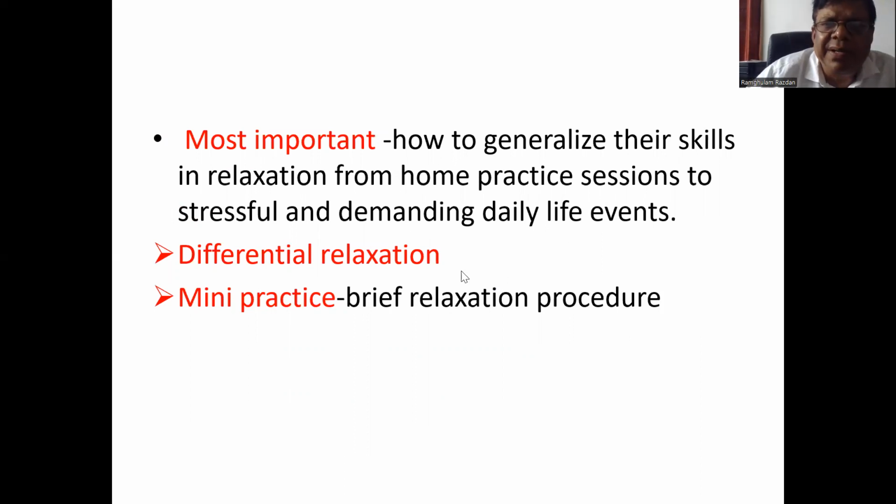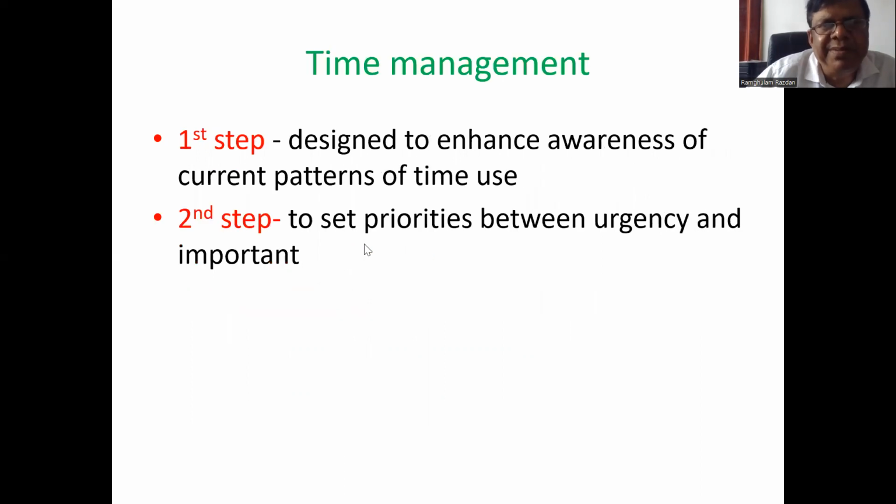The most important thing is how to generalize the relaxation skill from home sessions to stressful, demanding situations. If a person is very busy, then he can have brief relaxation practice. For time management, the first step is to enhance awareness of the current pattern of time use and set priorities between urgency and importance.